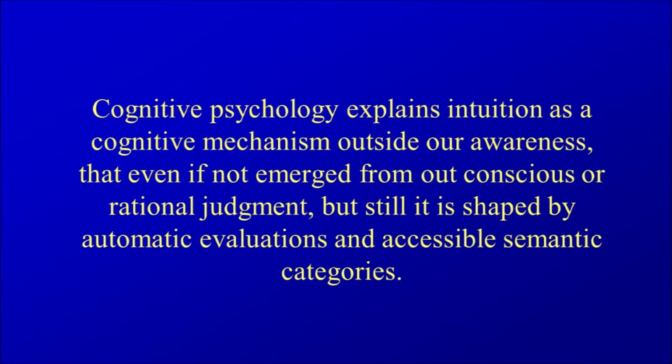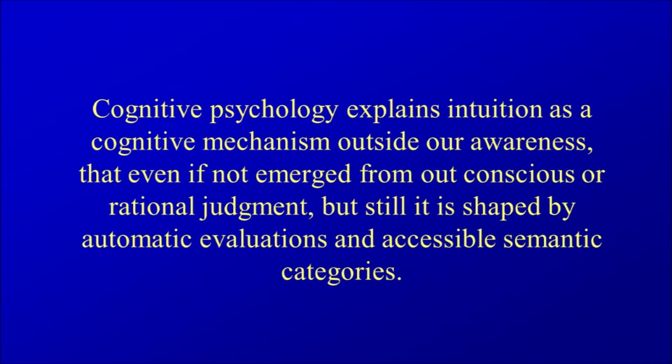Cognitive psychology explains intuition as a cognitive mechanism outside of our awareness that, even if it has not emerged from our conscious and rational judgment, is still shaped by automatic evaluations and accessible semantic categories.